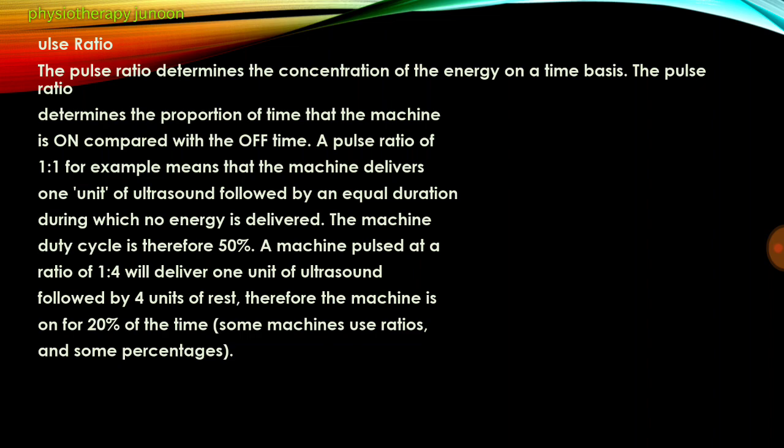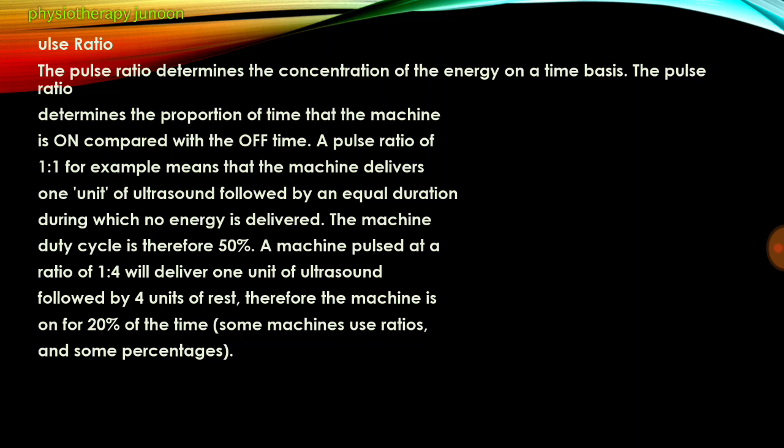A pulse ratio of 1:1 means that your machine is on for 1 unit and off for 1 unit, an on and off ratio. The machine delivers 1 unit of ultrasound followed by an equal duration during which no energy is delivered. The machine duty cycle is therefore 50%.